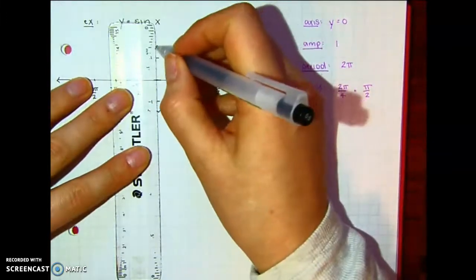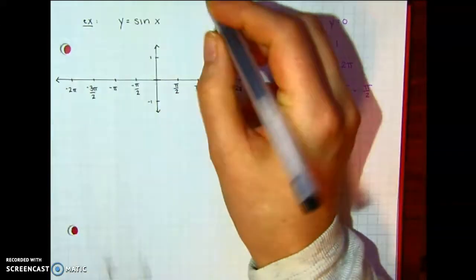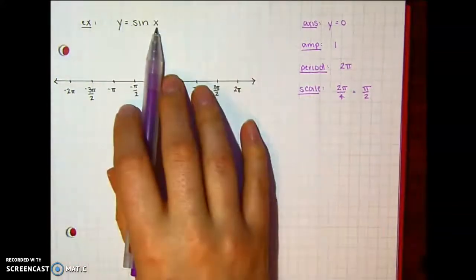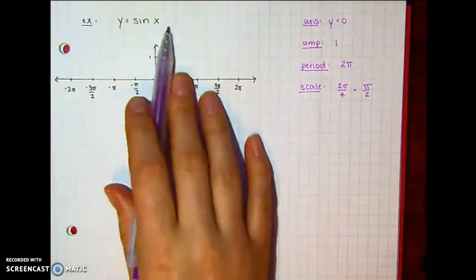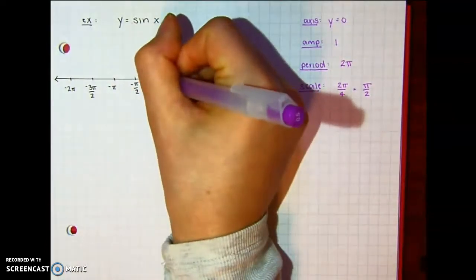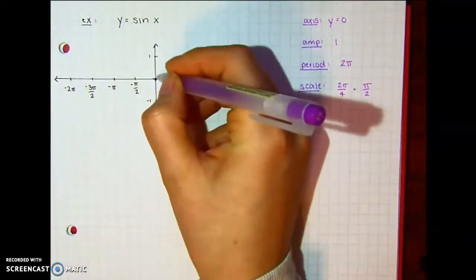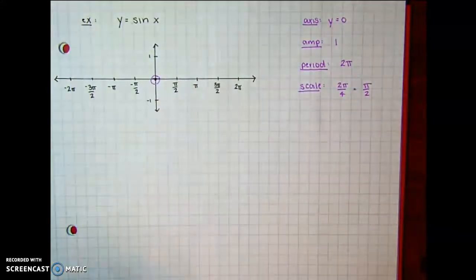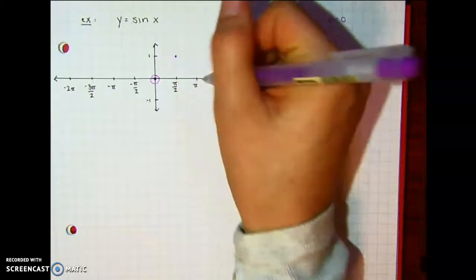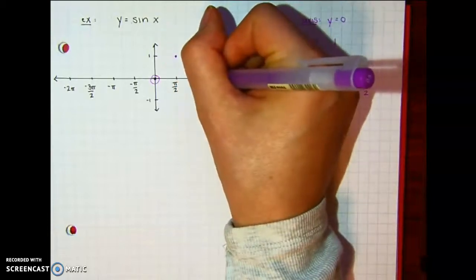And if you know your unit circle, graphing it will be easy because you're just going to substitute in these values. So what's sine of 0? Sine of 0 is 0, and that's going to be our starting point. What's sine of pi over 2? It's 1. Sine of pi, 0.